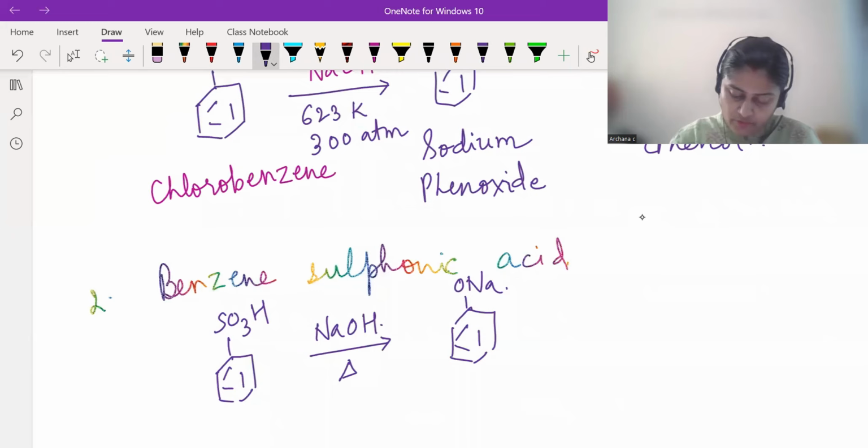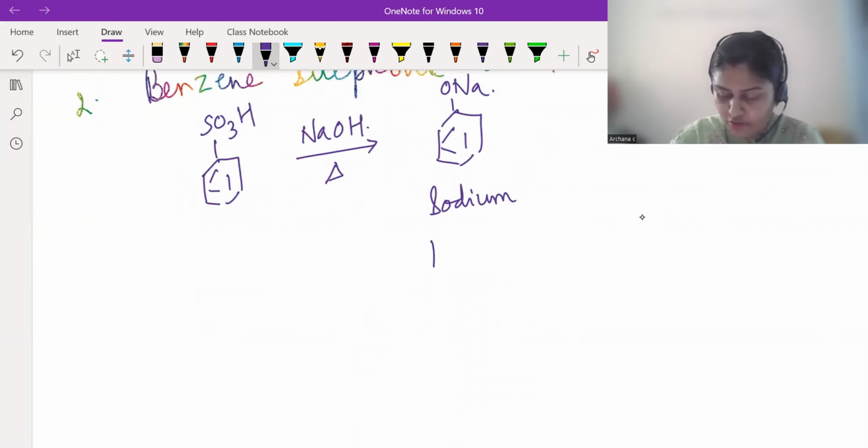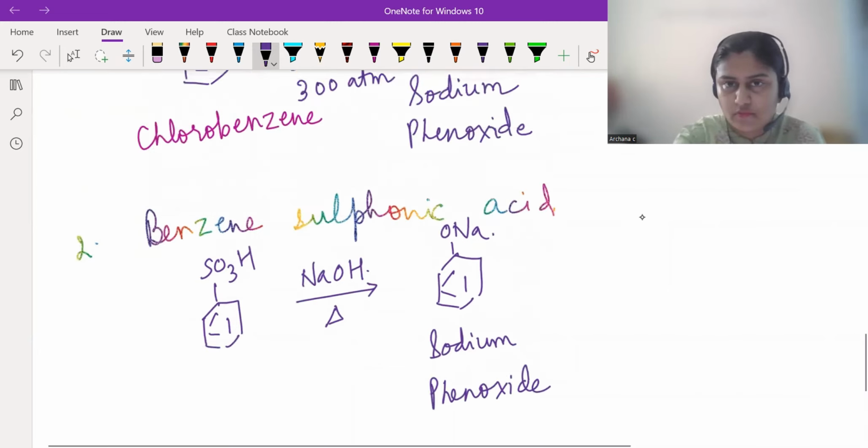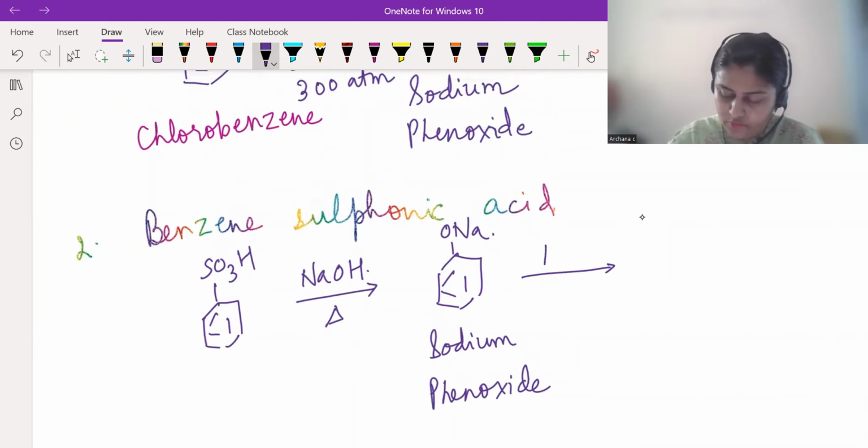So we have benzene sulfonic acid on treatment with NaOH, alkali, and heat, we get what is known as sodium phenoxide, which will undergo the same procedure of acid hydrolysis to give you phenol.